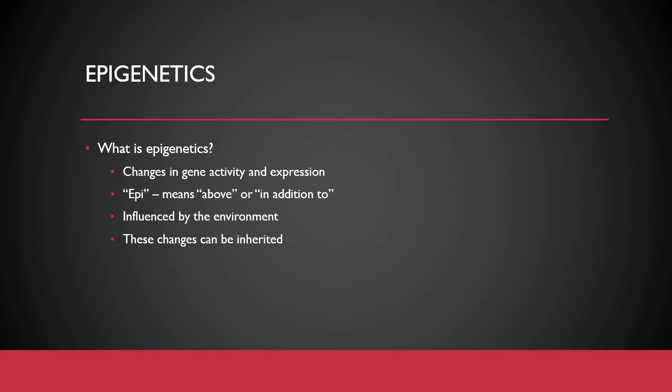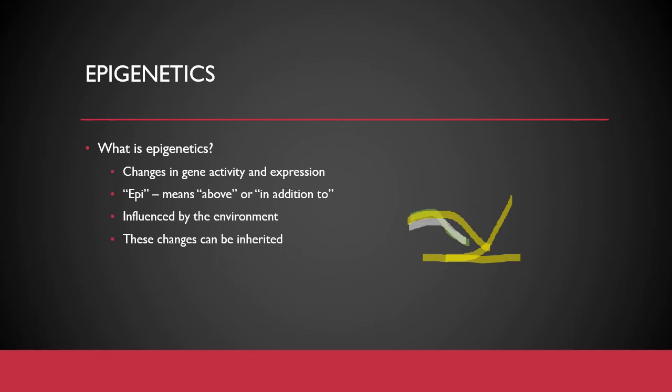The term epi is a prefix and it means above or in addition to. So I like to think of your genes operating on one level, and then epigenetics are the factors that work above it to influence the way that it expresses or the way that it makes the cells act.